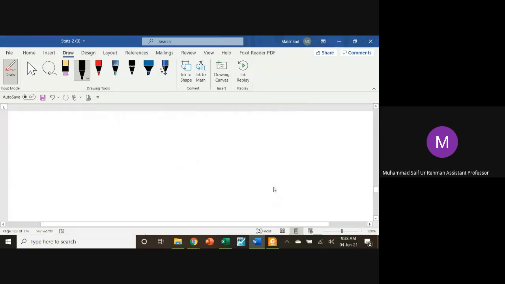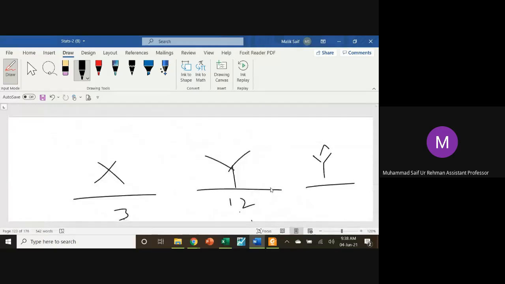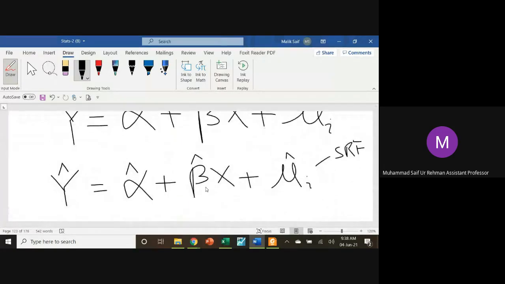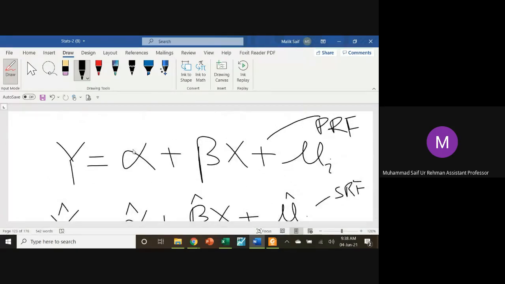But in this case, the next case is this. We are interested in knowing about these two values, alpha and beta. Definitely you will find some value for beta and some value for alpha hat, and then the next step is that you have to prove that whatever is true in the case of the sample is also true for the population. So for that you have to set the null and alternate hypothesis.